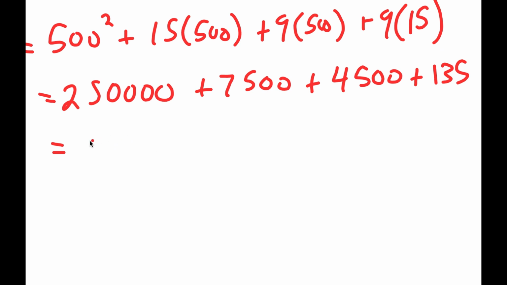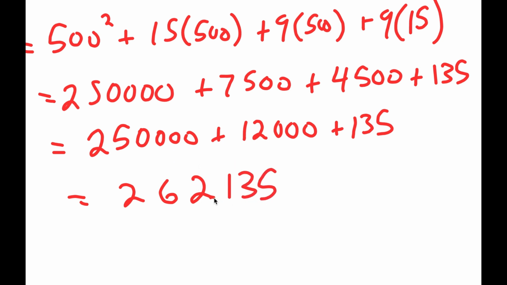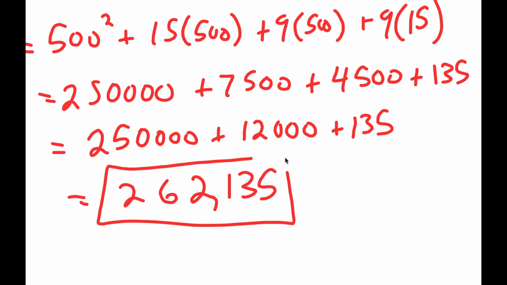Now this is equal to 250,000 plus 12,000 plus 135, which is equal to 262,135. So this is my answer.